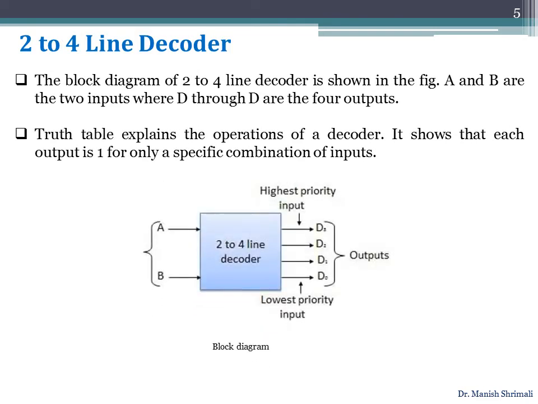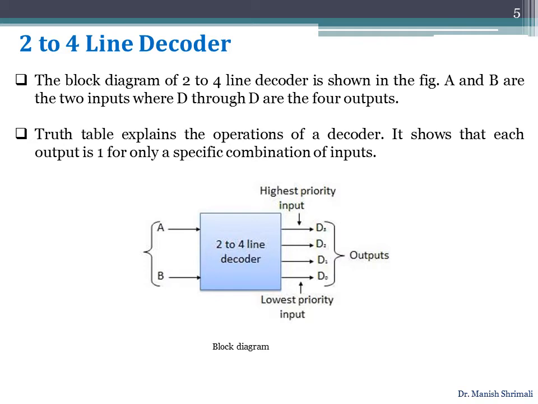Today we are going to study the 2 to 4 line decoder, and the 3 to 8 and 4 to 16 line decoders work on the same principle. So let us concentrate on the 2 to 4 line decoder.